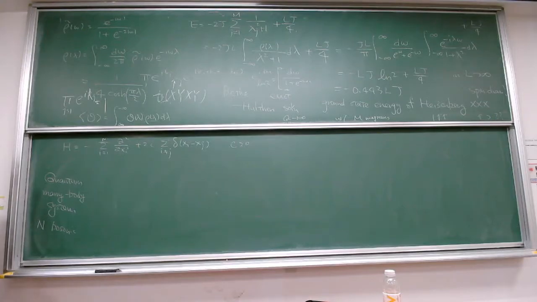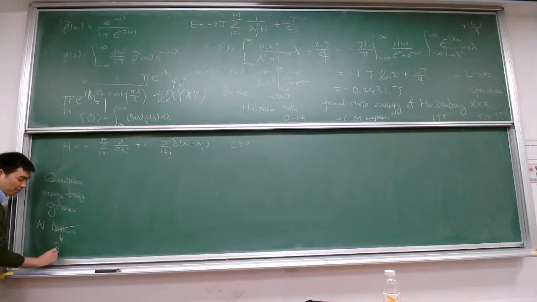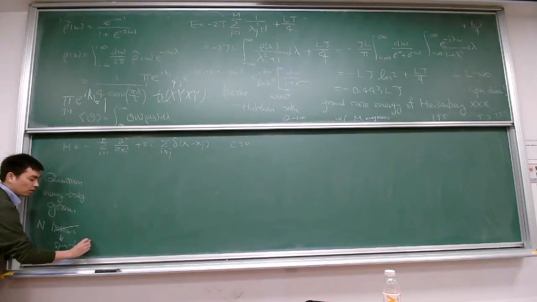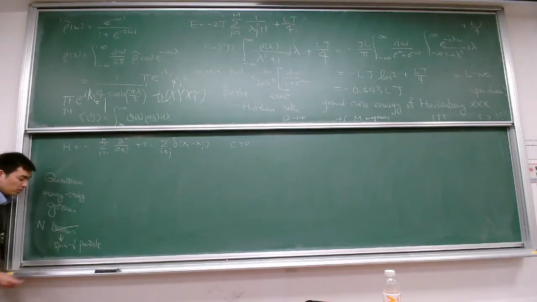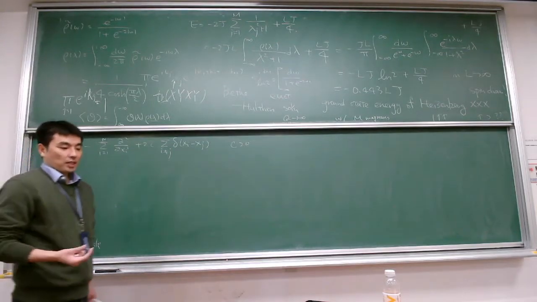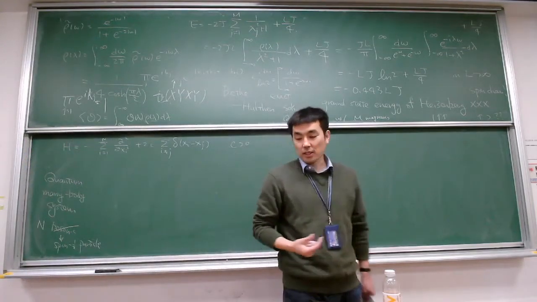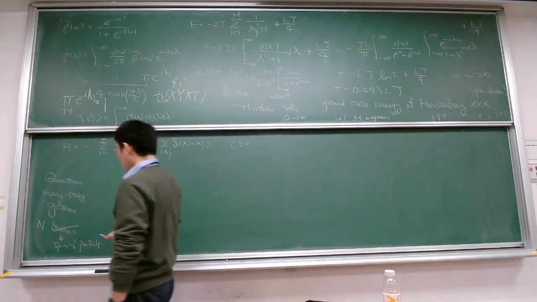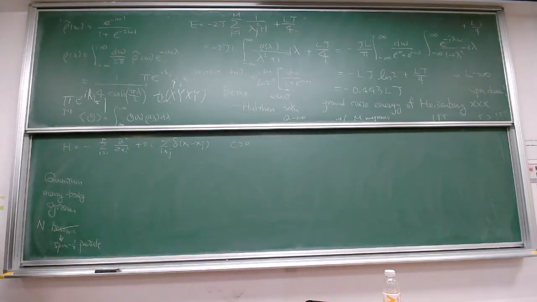Now we change from bosonic to fermionic, spin 1/2 particles. With bosons, you cannot distinguish the particles, and you can have the same states. But for spin 1/2 fermions, you cannot have the same state. Different fermions cannot have the same state.